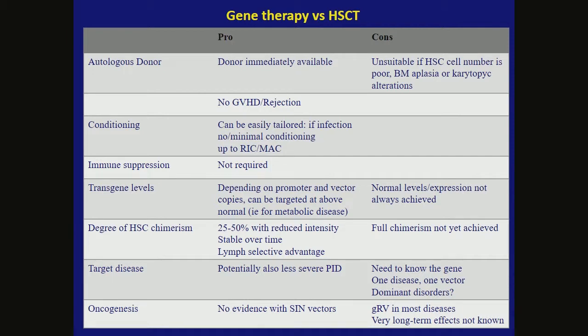The other advantage is that you can actually put more copies of a gene than a wild type, than a healthy donor. And this is actually the strategy that we have used for one disease, which is metachromatic leukodystrophy, where you want to have high supraphysiological levels of the enzyme.